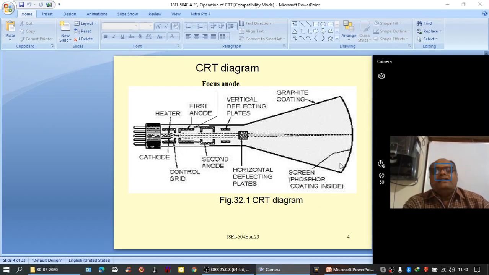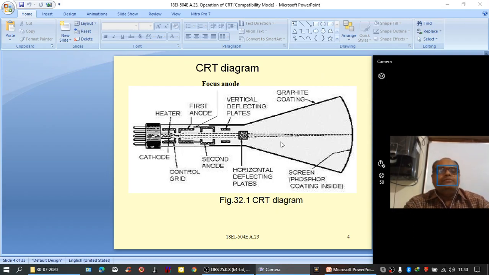Now, the entire arrangement, that is the cathode, heater, control grid, pre-accelerating, accelerating and focusing anodes, vertical deflection plate, and horizontal deflection plate, will all be encapsulated in a vacuum tube.